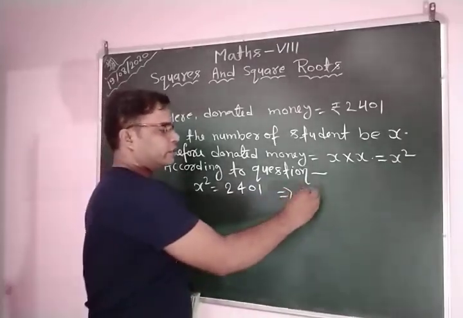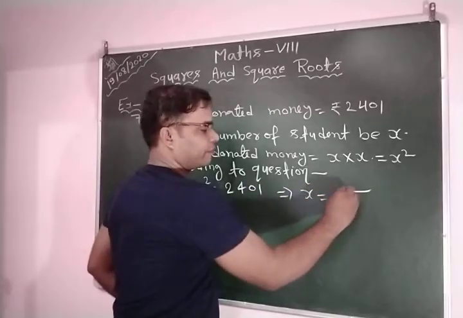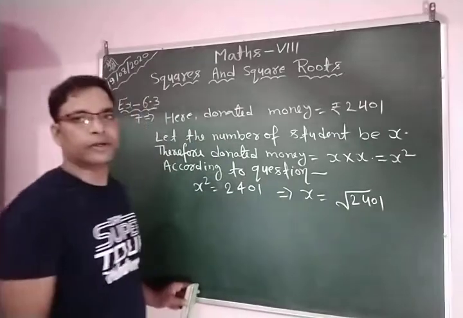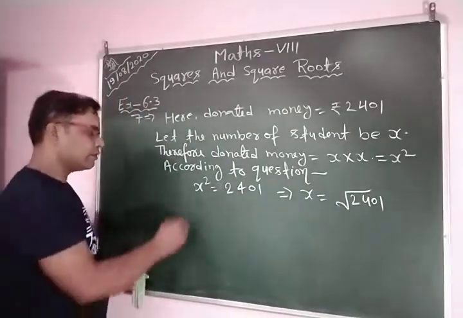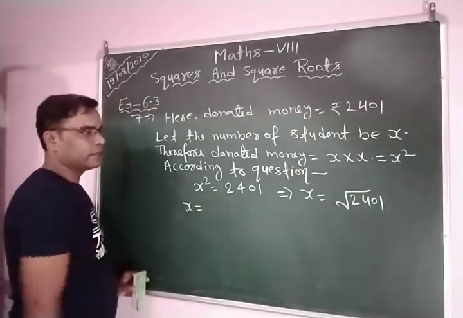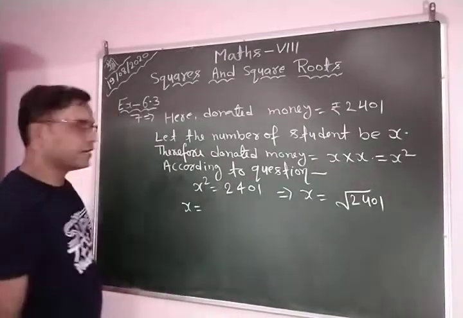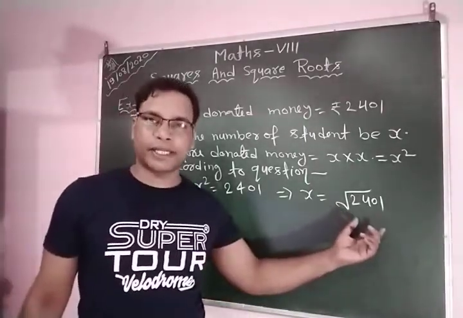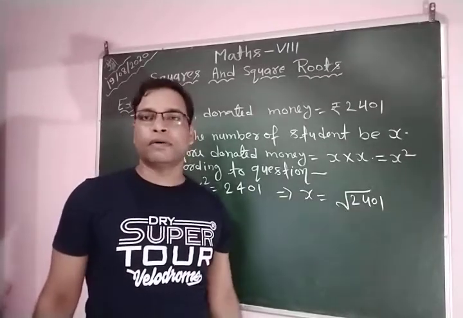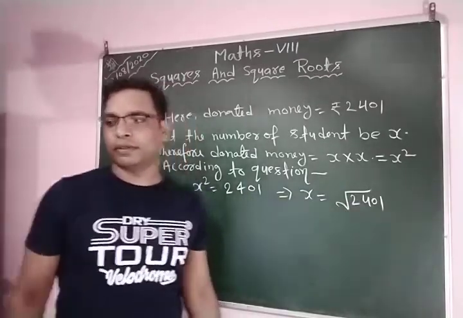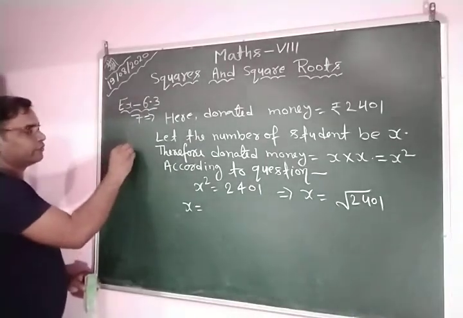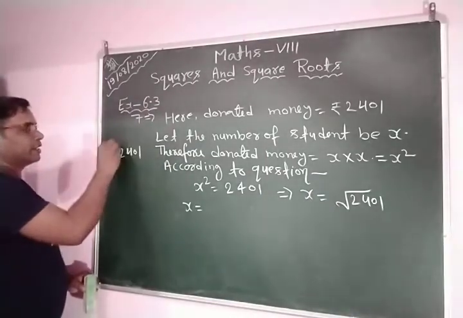After this, we need to find the number of students in the class. So x is equal to the square root of 2401. What is the value of x? For this we find the prime factorization of 2401.